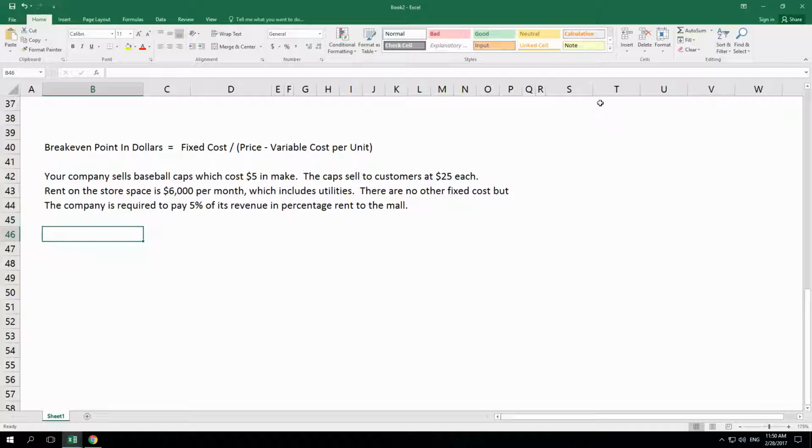Okay, you've got a situation now. Your company is selling these baseball caps, and they can make them, so they're variable cost.